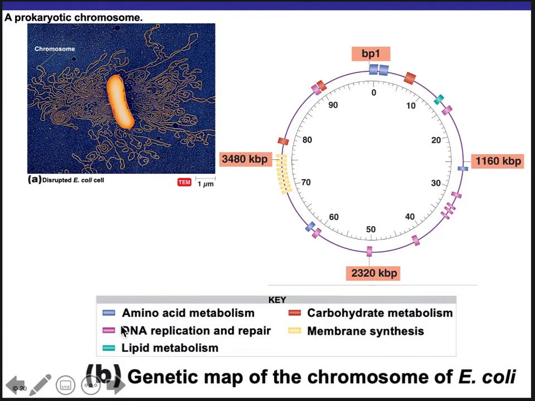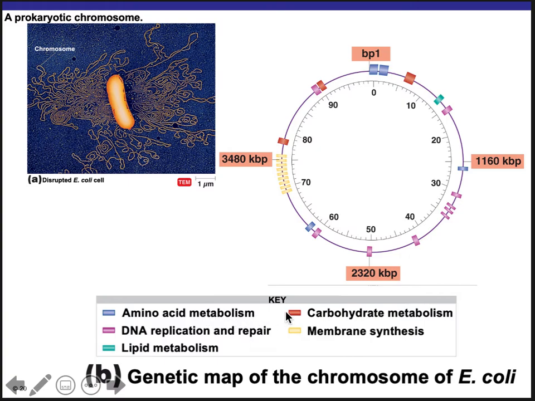These different colors along the chromosome show you the type of genes that are present in that area. Notice there's a lot of space in between some of these genes, which would be full of those short tandem repeats that we saw a second ago, right? All the blue are the genes that code for amino acid metabolism.